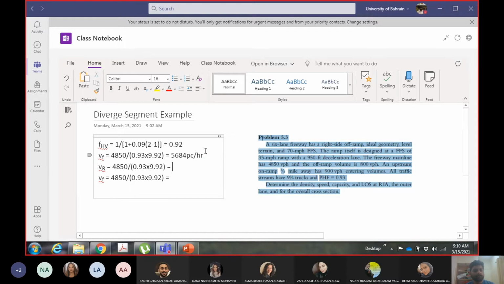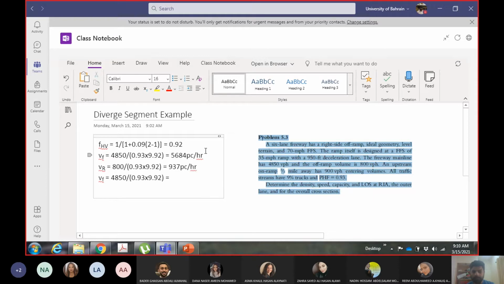Then for the off ramp, the factors will remain the same, but the flow is how much? 800. So how much will it be? 937 passenger cars per hour.